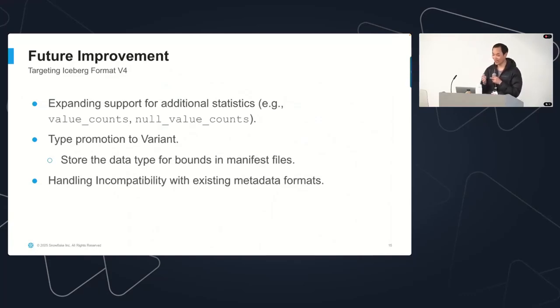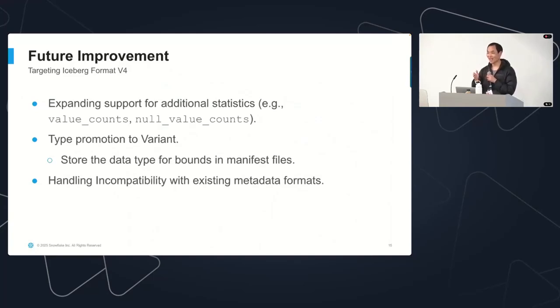Currently we have certain type promotion paths for Iceberg types. For example, from int to long, then we use the data width to deduce what your original type is.